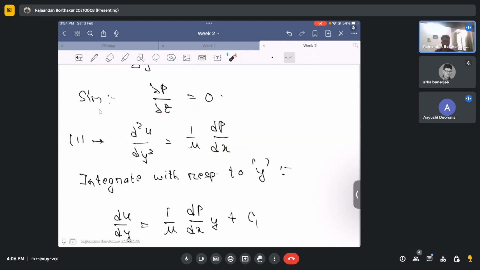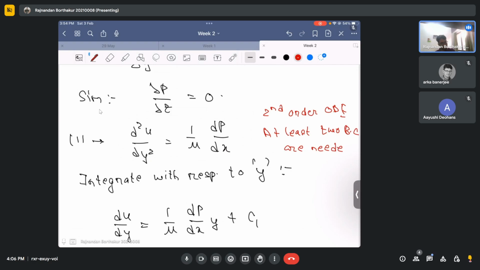It is an ordinary differential equation of second order, exactly. Since this is a second order ODE, we require at least two boundary conditions, and that's why we invoke these two boundary conditions at y equals 0 and at y equals h.